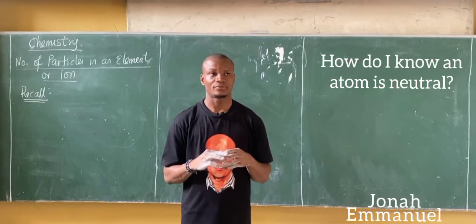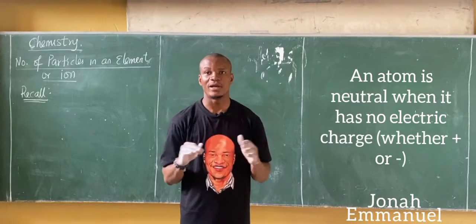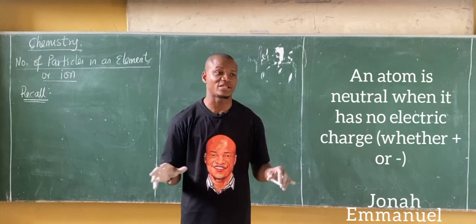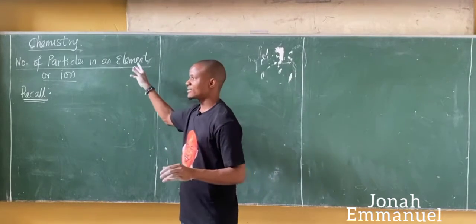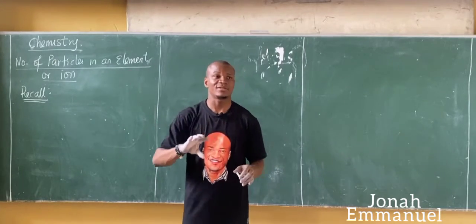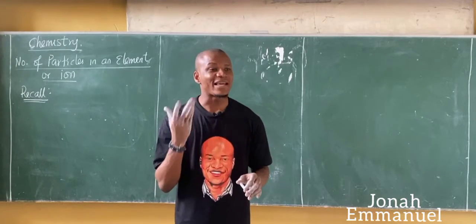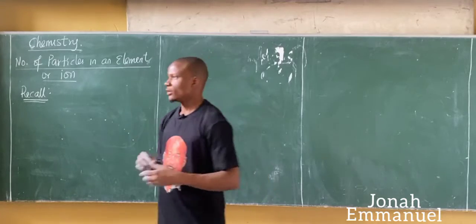An atom is neutral when it has no electric charge. When an atom has no electric charge, it is neutral. Hence, if I write the symbol of an element, it is neutral. That means ions are not neutral. That's the concept.